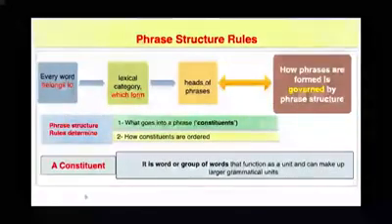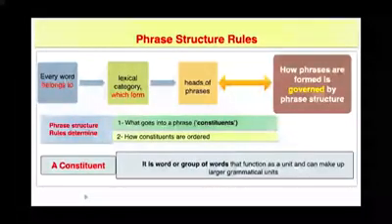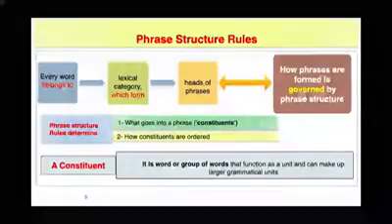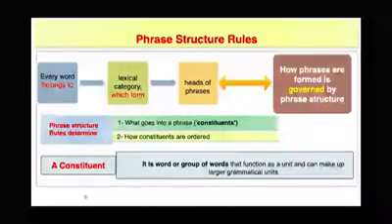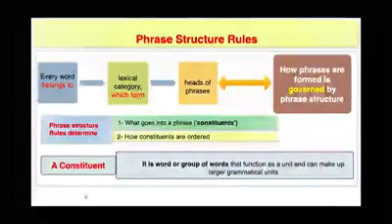A constituent in that case would be defined as a word or a group of words that function as a unit and can make up larger grammatical units. Now, here I can come up with an example. We can speak about, for example, the nice car. You know that the is a determiner, nice is an adjective, and car is a noun.